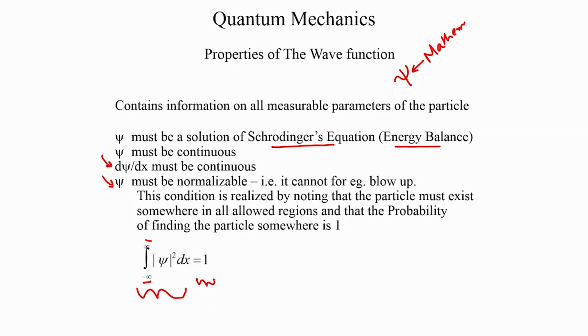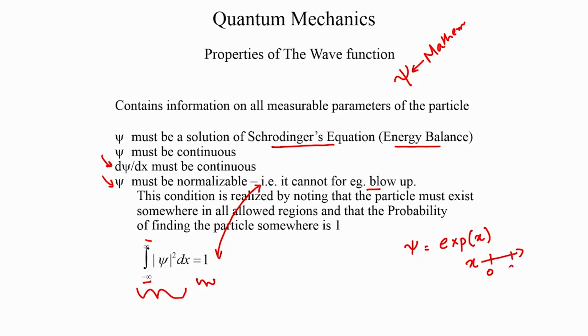And this limitation implies that the wave function cannot take a nature that will result in it blowing up. For example, let us say that the wave function has a nature that looks like this, which is an exponential of x, and let us say x goes from 0 to infinity.